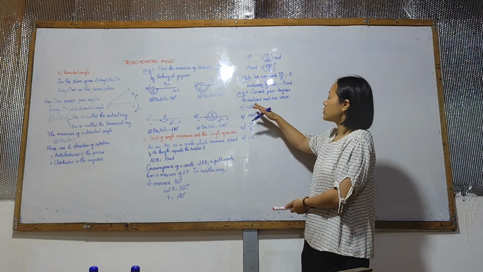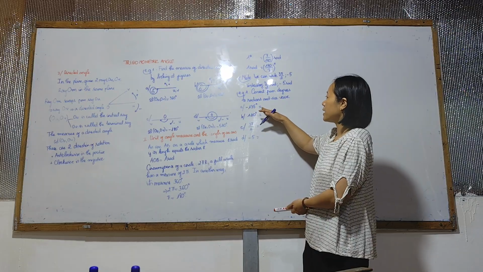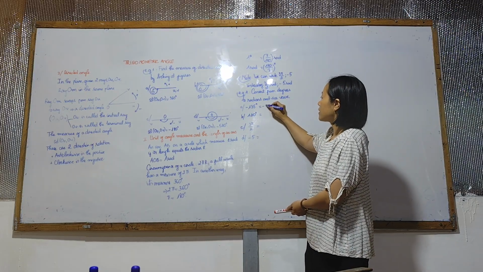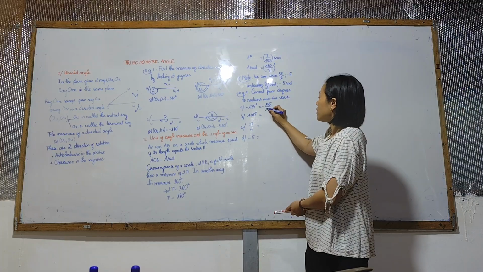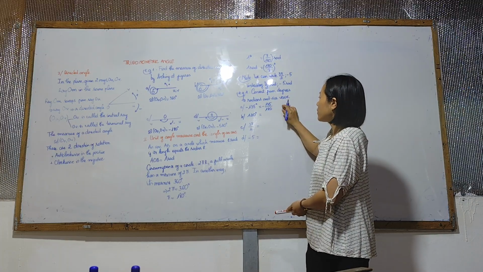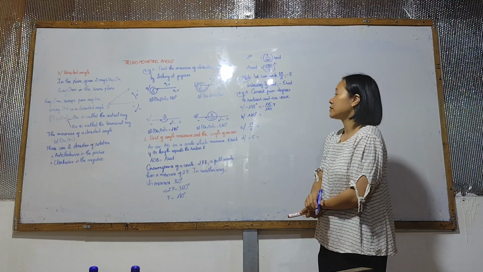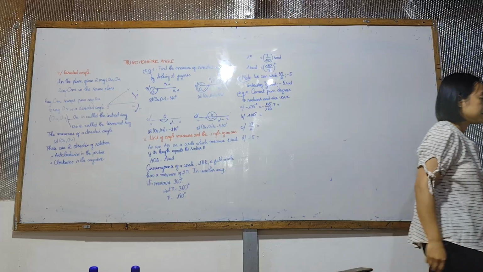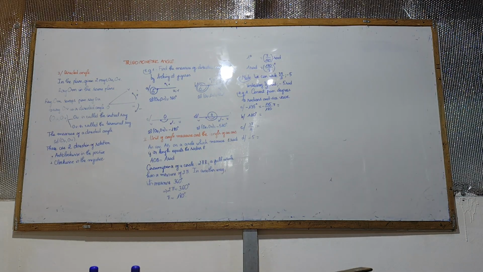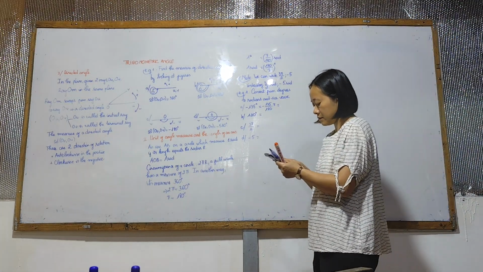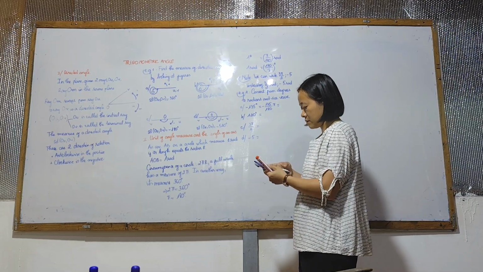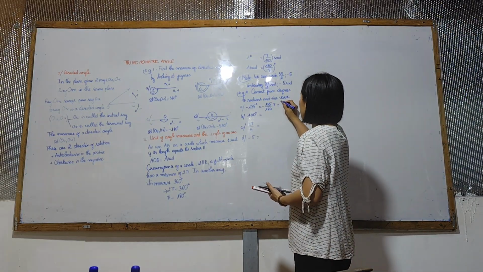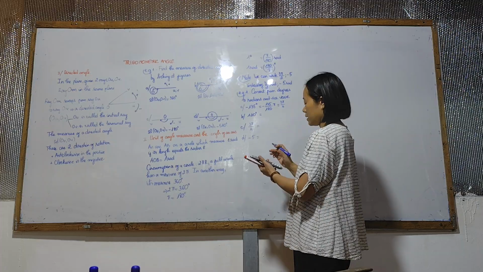If we want to convert from degrees to radians, we take the number over 180, then we add pi after that. Then we have negative 3pi over 4.